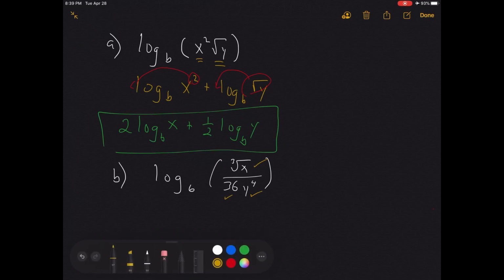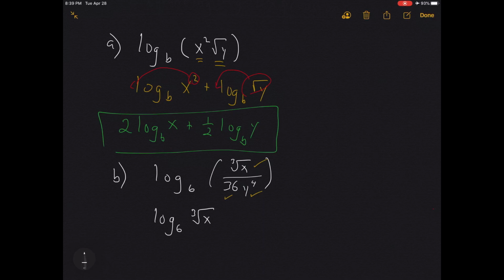All right, so I am going to start off by writing the log base 6 of the cube root of x. That's the first thing. Now, the 36 is on the bottom, so when I write this, it's going to be now subtracted. So it's the log base 6 of 36. And here's the other trick.